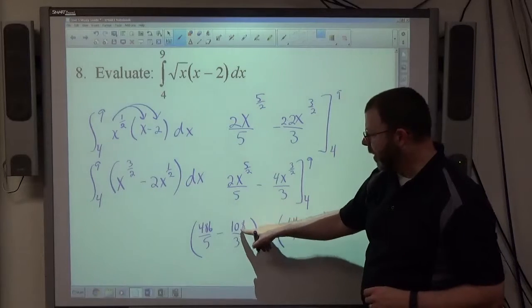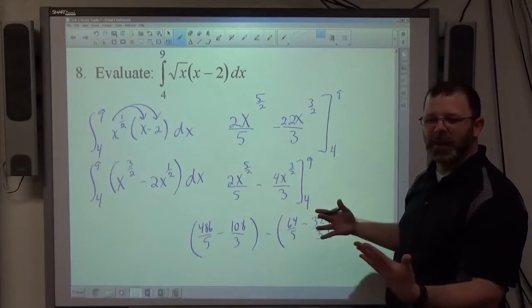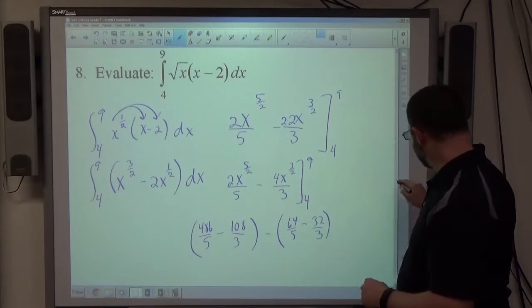Now you may have noticed that 108 divides by 3 but 32 doesn't, so there's no way to get rid of the 3 altogether, so just leaving it over 3 is fine.